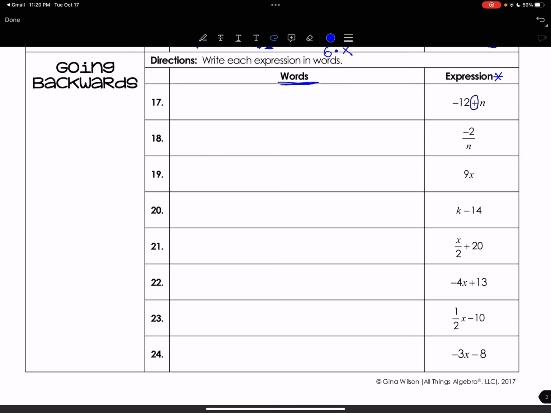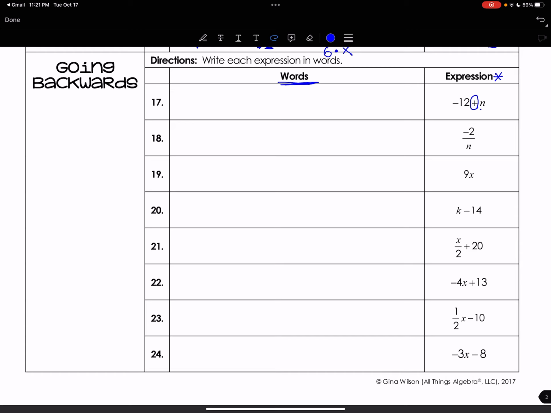But the answers can vary in this case, because algebraic expressions can be written in multiple word phrases. So it doesn't have to be exactly the same. This will be just my version of the answers.